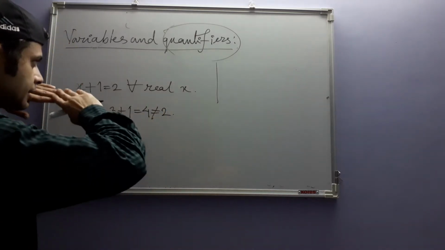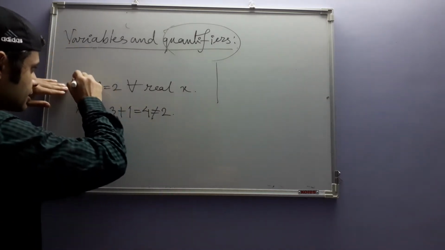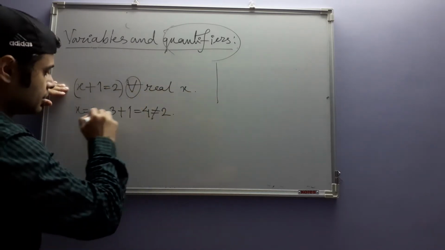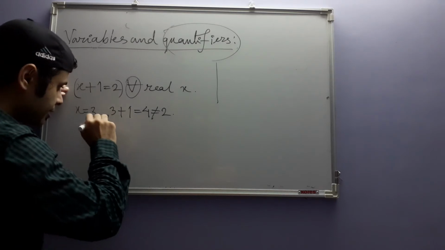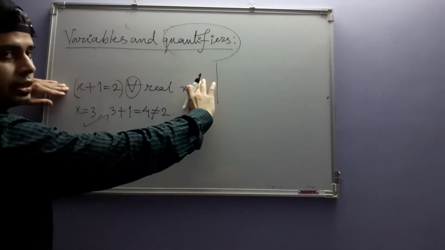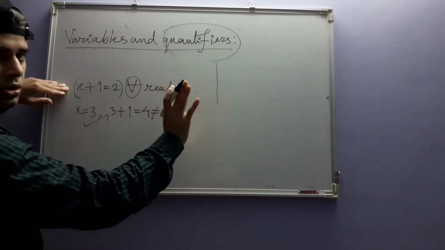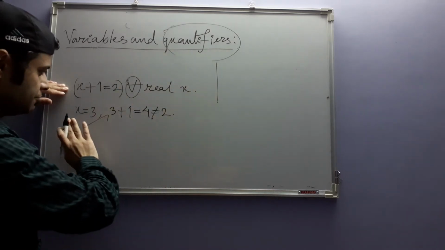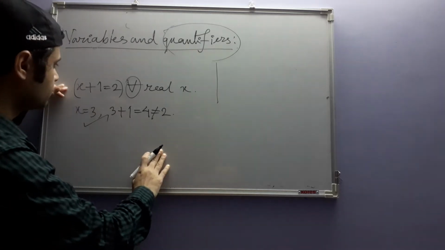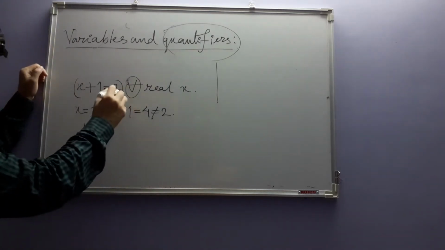So since the statement says that this substatement is true for all real x, only one case where it fails proves that this is not the case. It is not true for all real x. We don't bother about any other value of x for which it is true or not, since "for all" is involved.